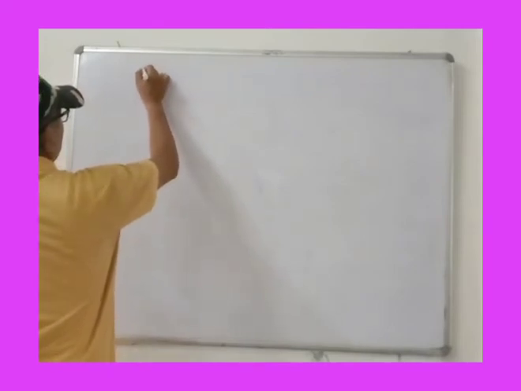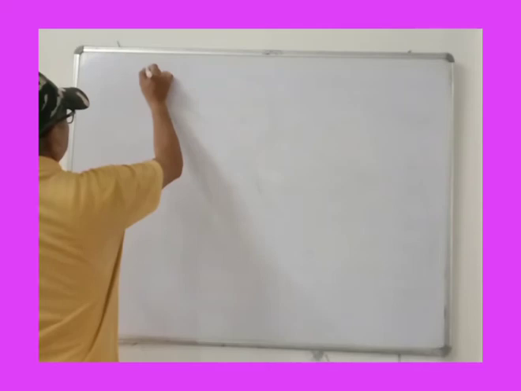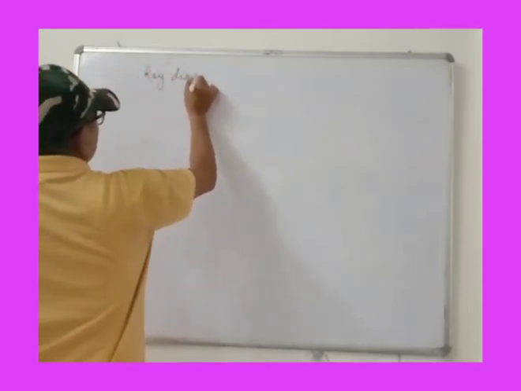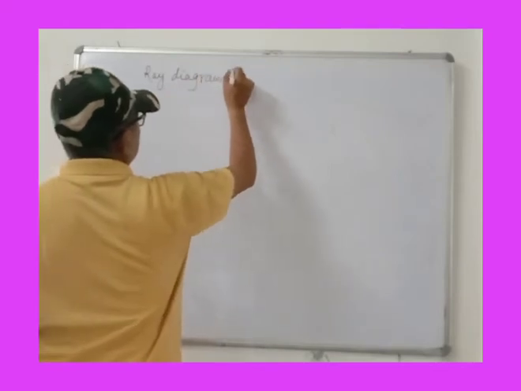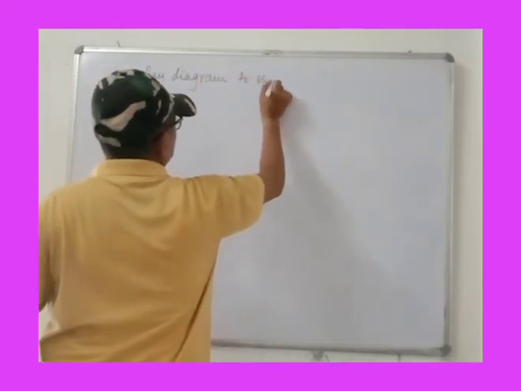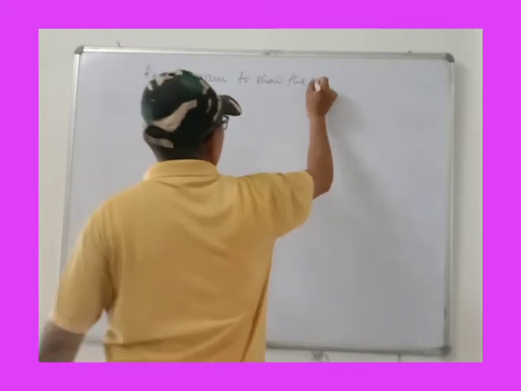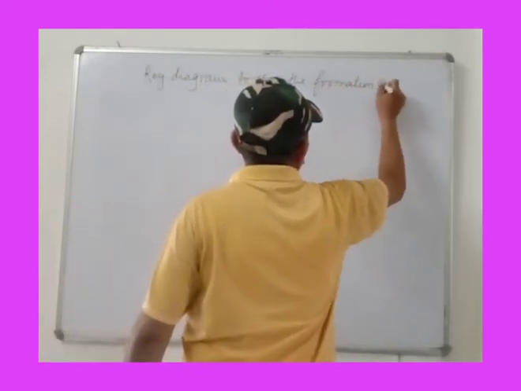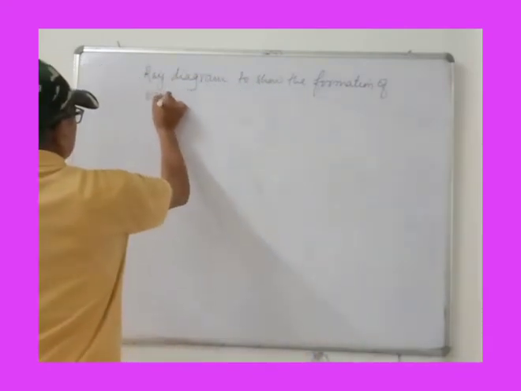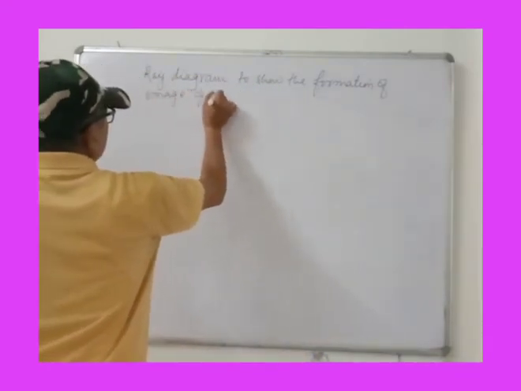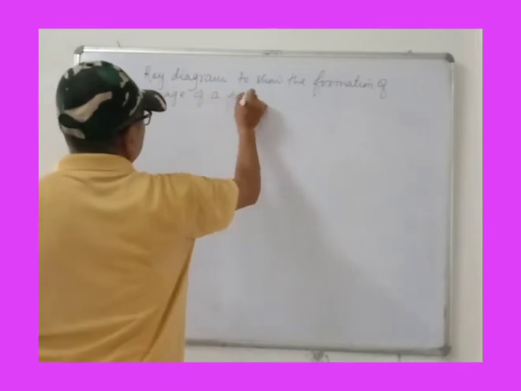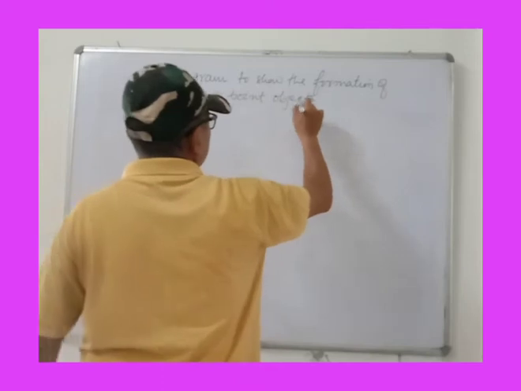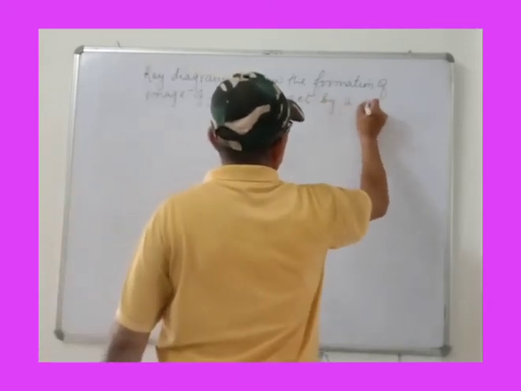So, ray diagram to show the formation of image of a point object by a plane mirror.